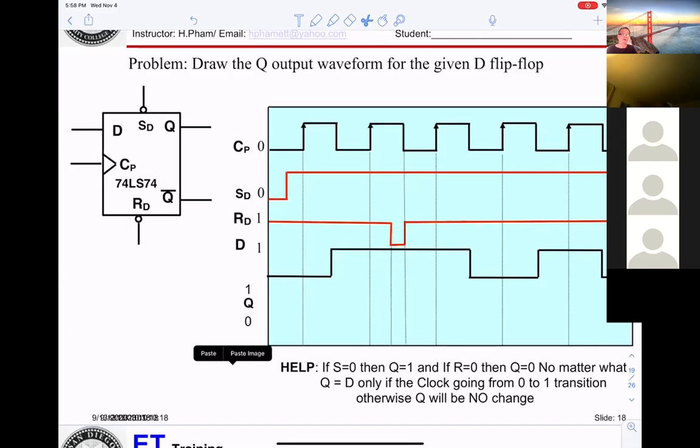Try to draw the output for me. That's the trigger flip-flop. I said if you want to learn and understand digital circuitry, then you must know how to do it.